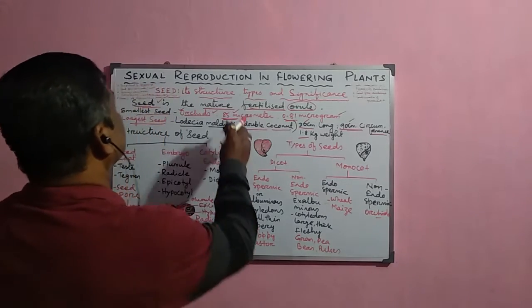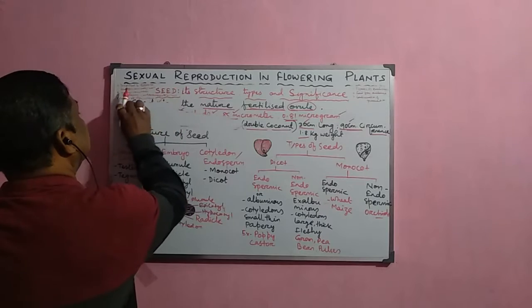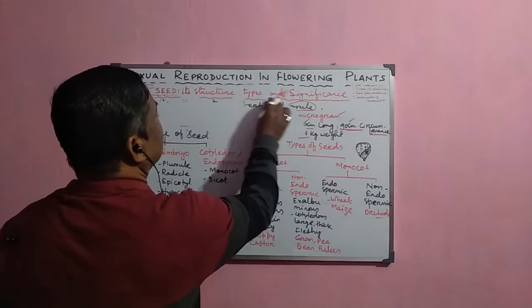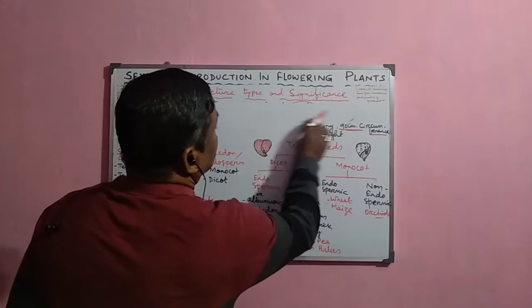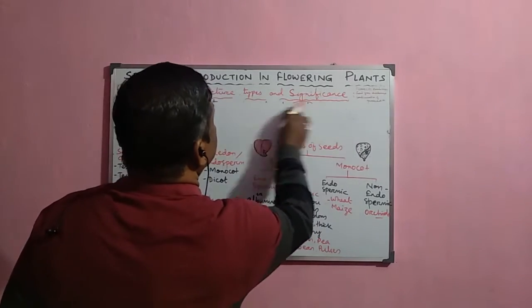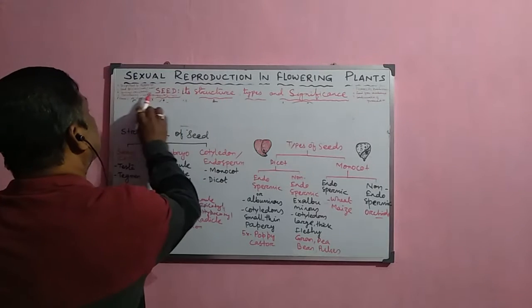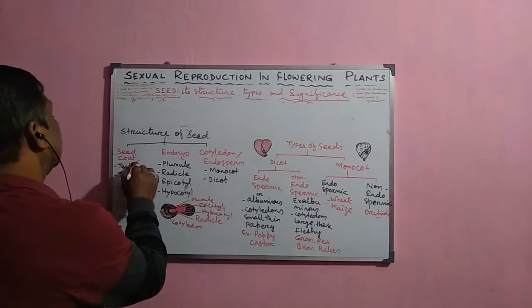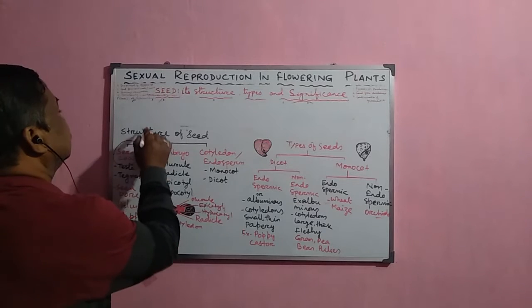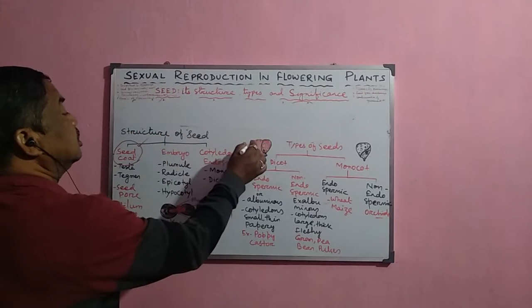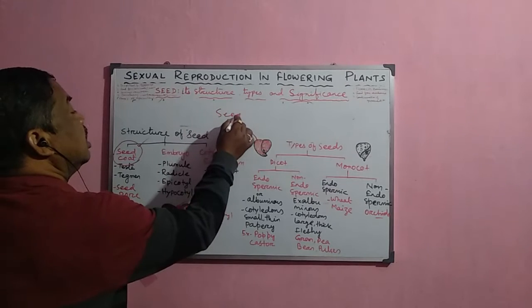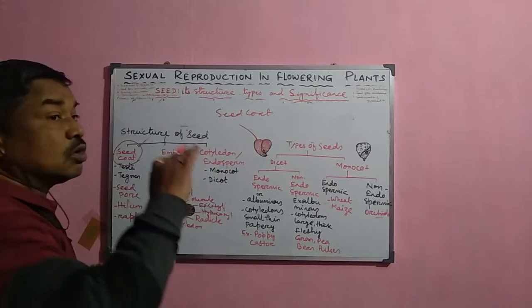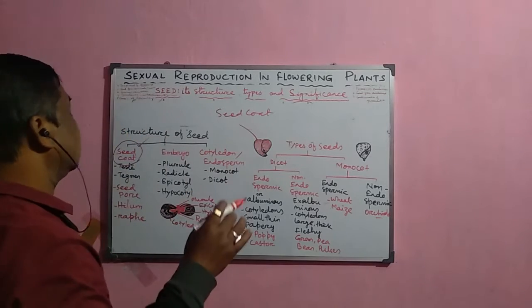Now, what is the structure of an angiospermic seed? The seeds are no doubt different from plant to plant, but some common features are observed in almost all the seeds. The seed contains an outer covering, that is called the seed coat. This seed coat is developed from the outer covering of the ovule, that is called the integument.